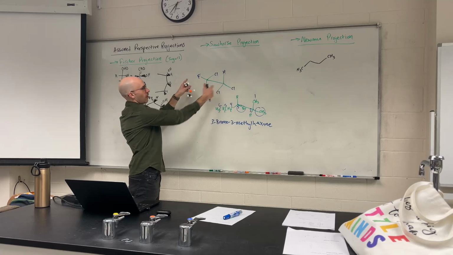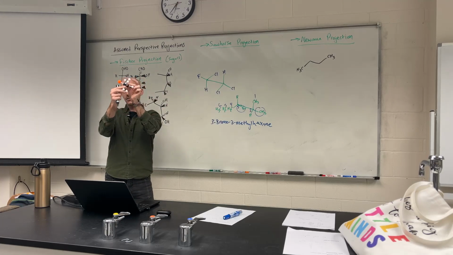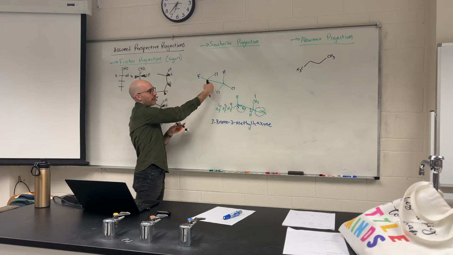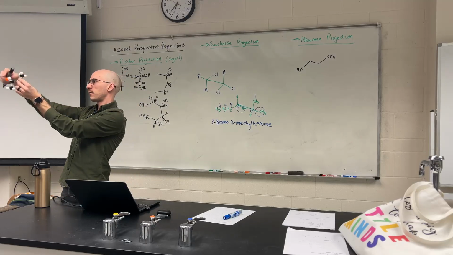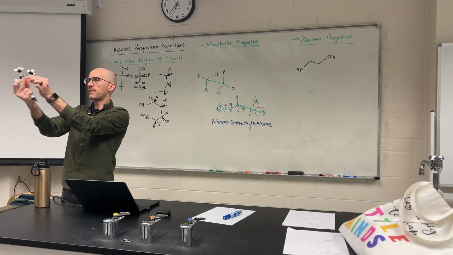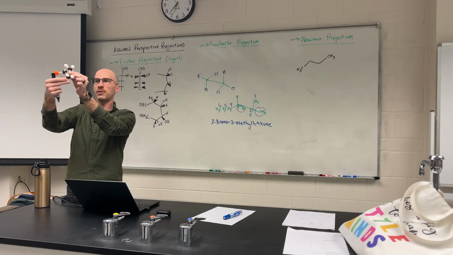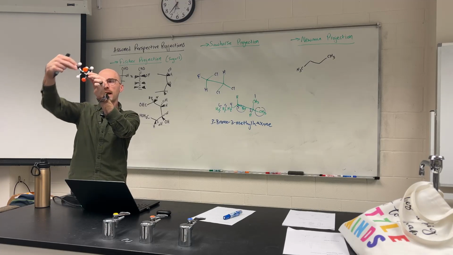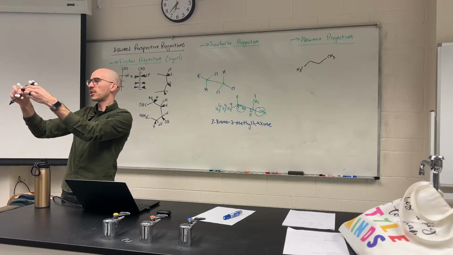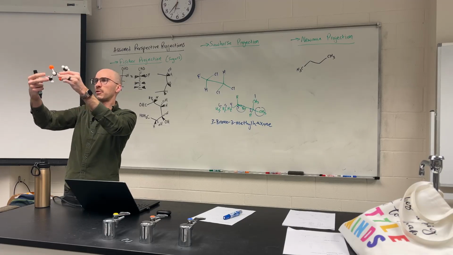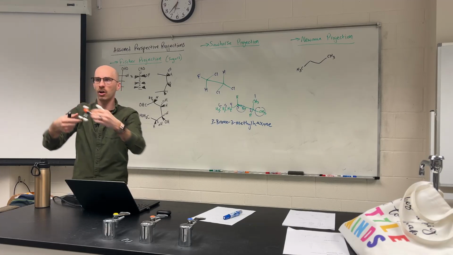It takes the sawhorse and shifts it so that you're looking down that carbon-carbon bond with one carbon directly in front of the other. Because of that, you see the three groups on the front carbon and the back carbon, and you can observe how they interact with each other as rotation occurs around that carbon-carbon bond.